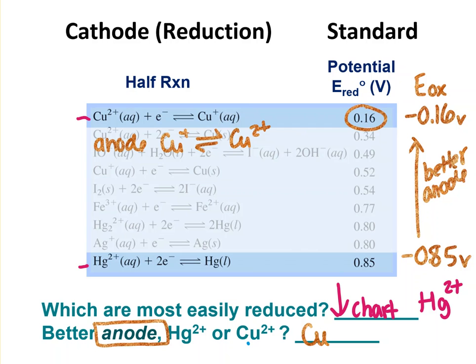And I erased the other one, but it was the better cathode at the bottom. So if we really wanted a strong battery with a high voltage, we would use mercury as our cathode and the copper reaction as our anode, and that would give us the greatest possible difference.